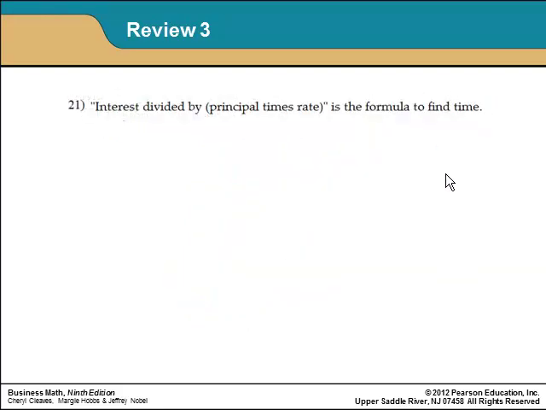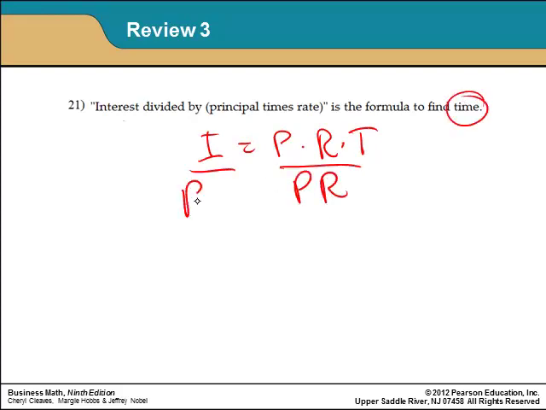If we want time all alone, divide both sides by principal and rate. So time equals interest divided by principal times rate. So that also is a true statement.